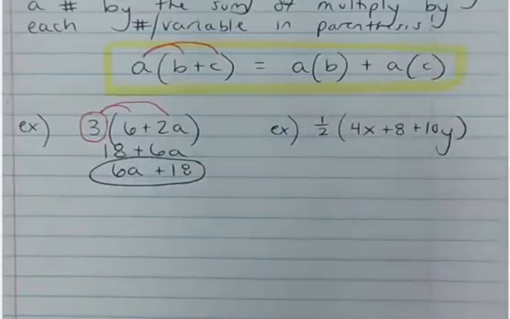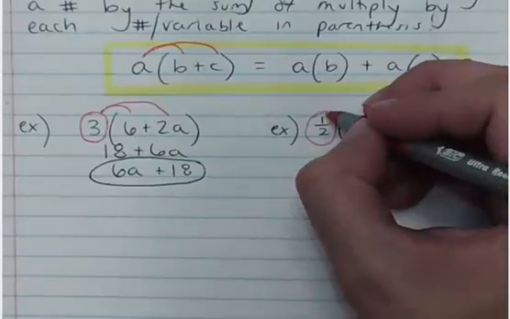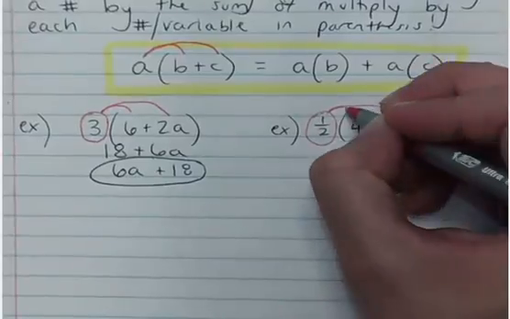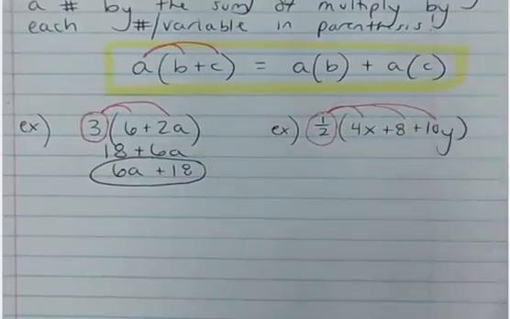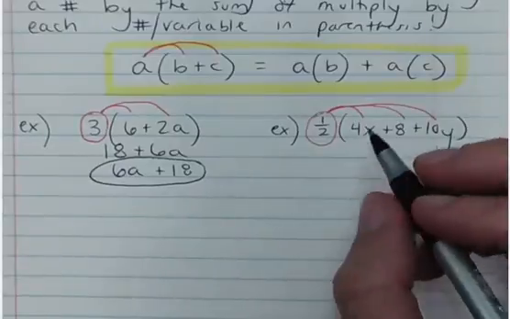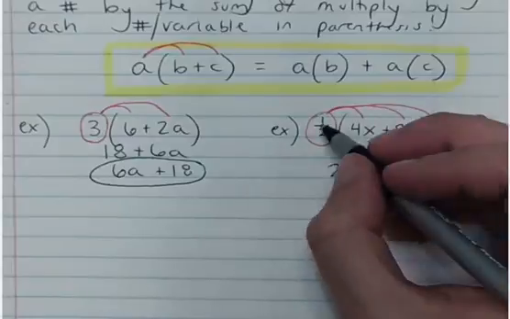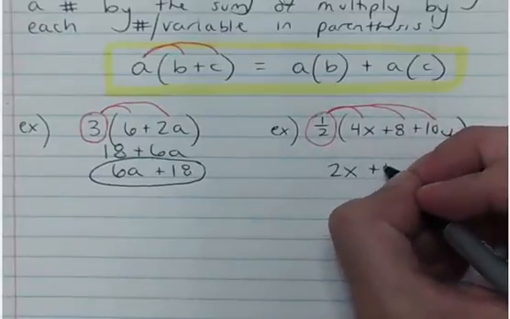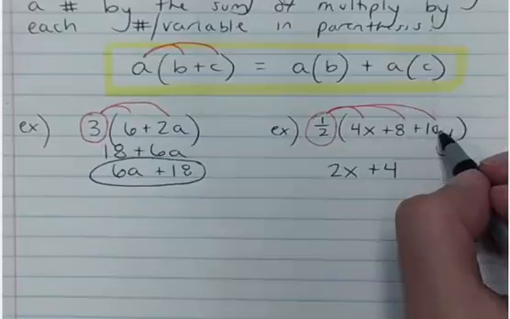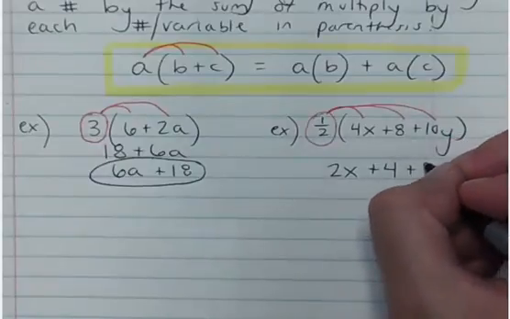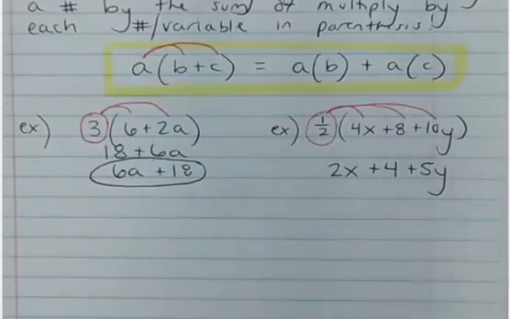So the number you're going to be distributing here is 1/2. And you're going to be distributing it 3 times because you're going to distribute to the 4x, the 8, and the 10y. So once I decide that, now I'm going to actually multiply. Half of 4x is 2x. Half of 8 is 4. Half of 10y is 5y.